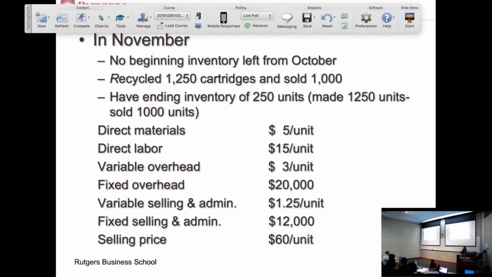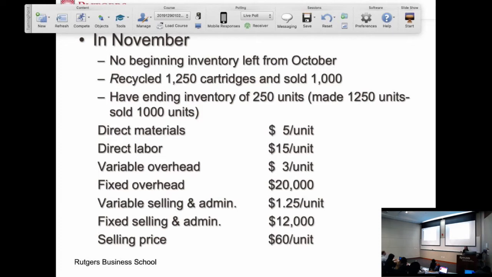How many units? 250, right? Because the amount that you made has extra 250. So your ending balance for November is 250 units. Does everyone agree? Okay. And we have the same cost information as in October.